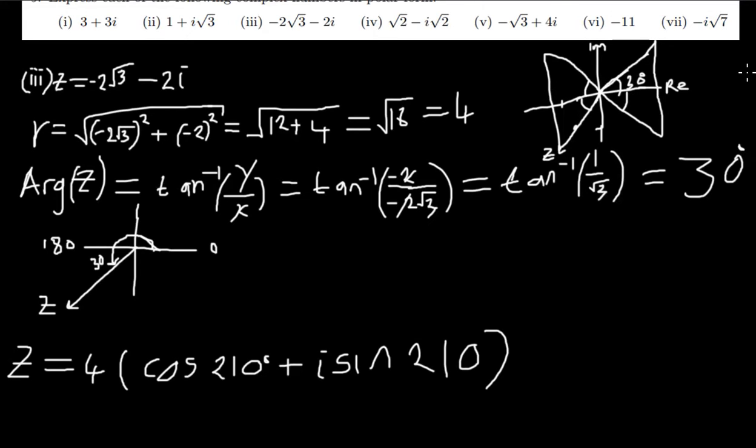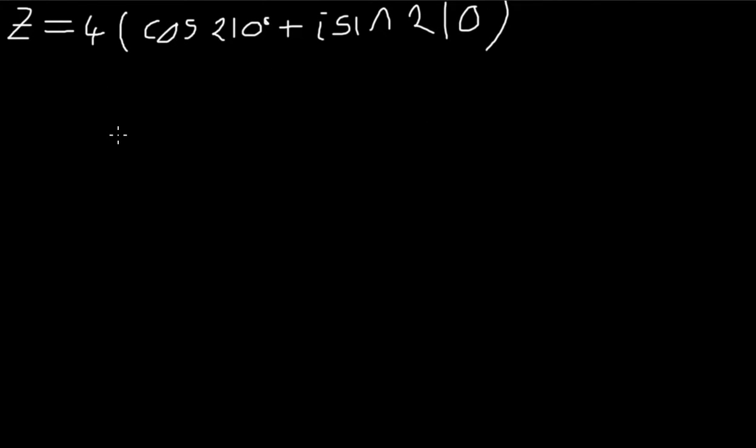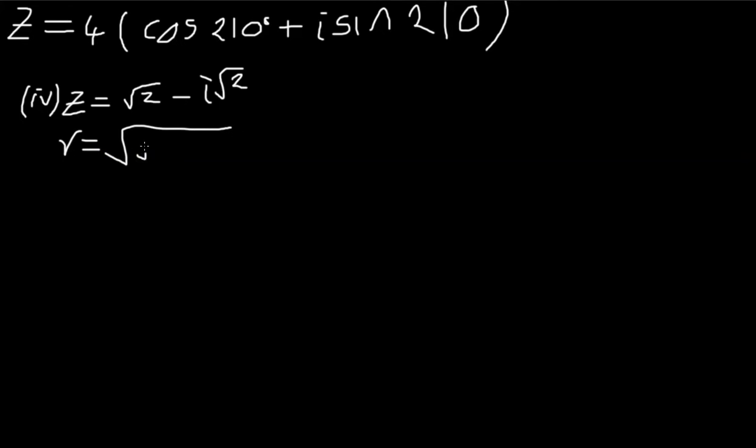Question 4 is saying root 2 minus I root 2. So first thing you find r. So our r here, you find the square root of root 2 squared plus this root 2 squared there as well.